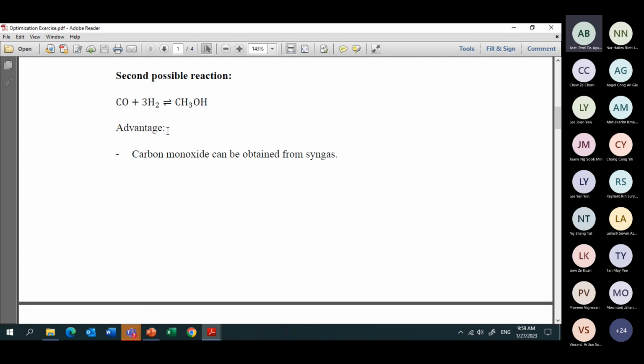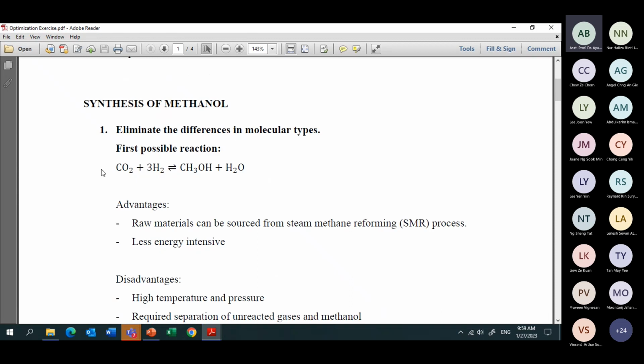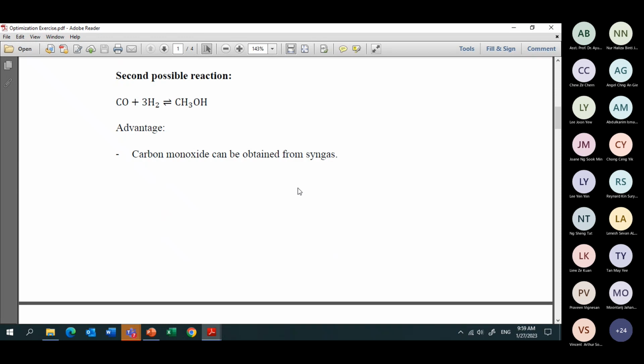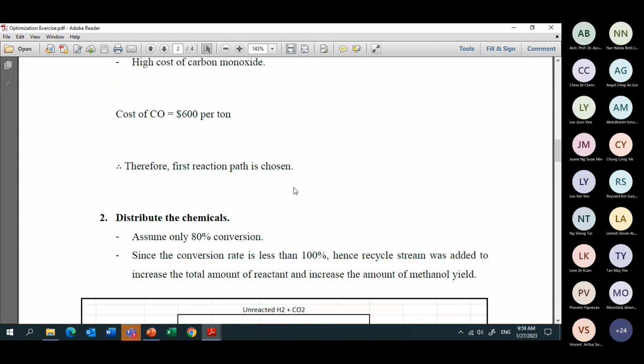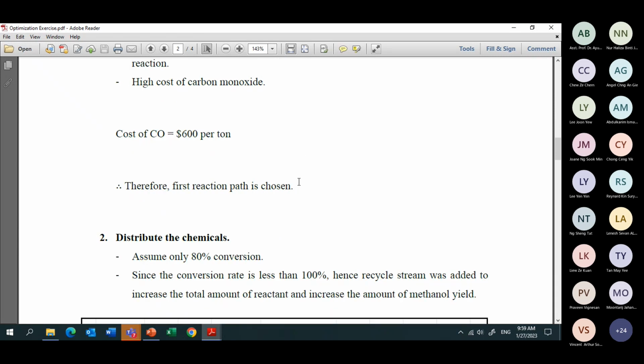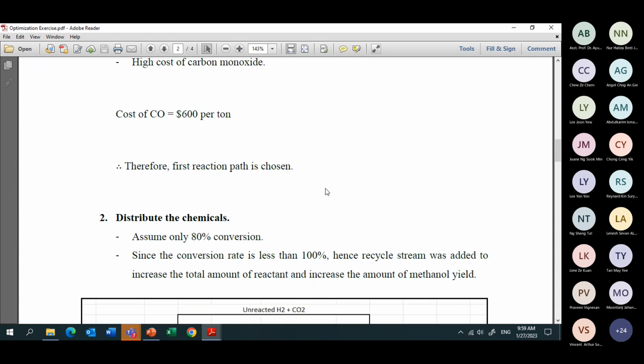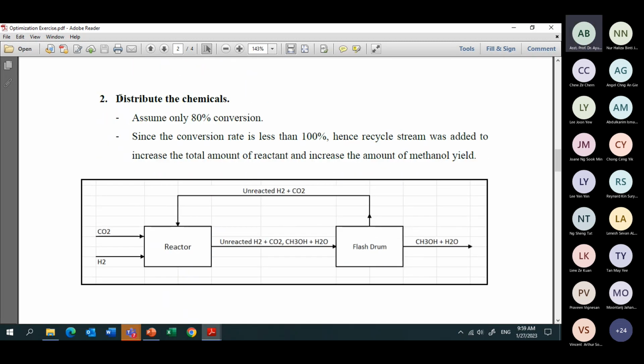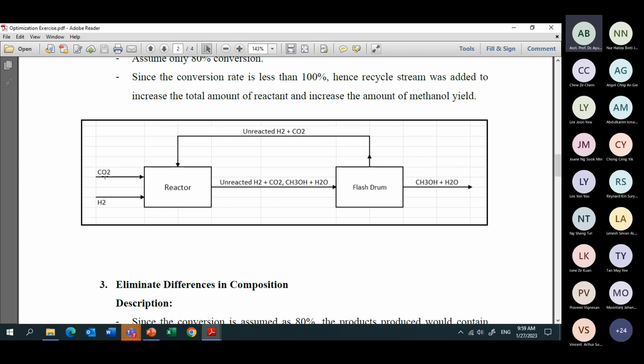Okay, so this one is carbon monoxide, whereby the first reaction is carbon dioxide. Okay. Conclusion: you should justify further why the first reaction path is chosen. Okay. Now this one, distribute the chemicals: your input, your output, and any recycle stream involved. Okay.